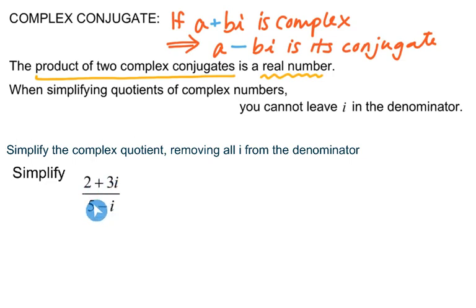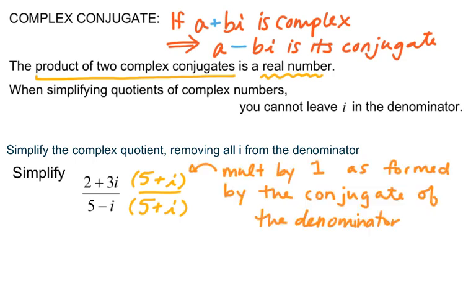Well, when we're dealing with a fraction, the only thing that we are allowed to multiply by, which doesn't change the value of the problem, is 1. So I want to multiply by the conjugate, which would be 5 plus i. But 5 plus i is not equal to 1. In order for me to make this look like 1, I'm going to multiply by 5 plus i over 5 plus i.